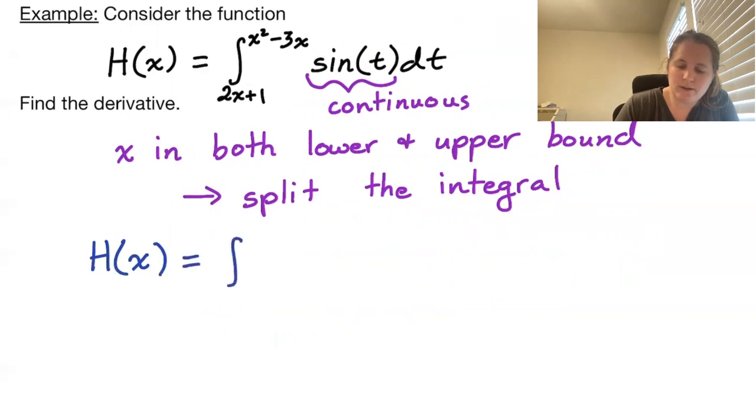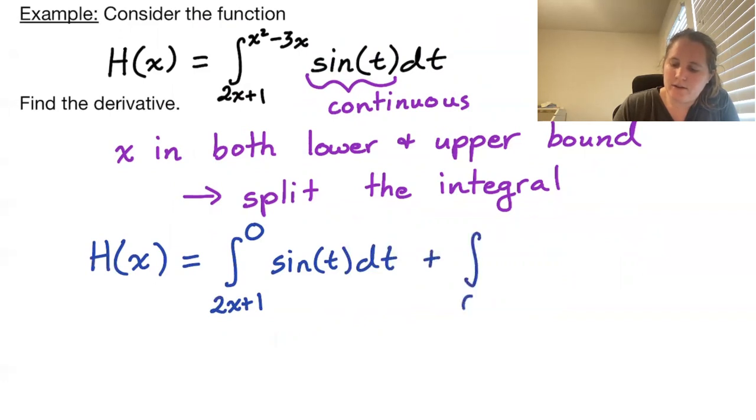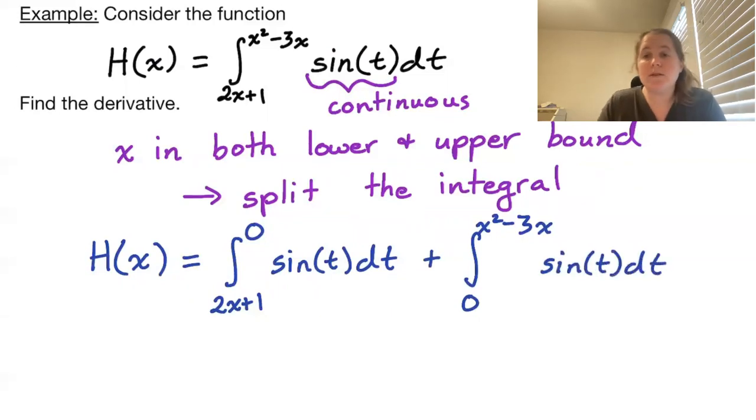So we'll do the definite integral from 2x plus 1 to 0 of sine of t dt, and then we'll add on the definite integral from 0 to x squared minus 3x of sine of t dt. So this was one of our definite integral properties, that we could split our integral by breaking somewhere within the bounds.